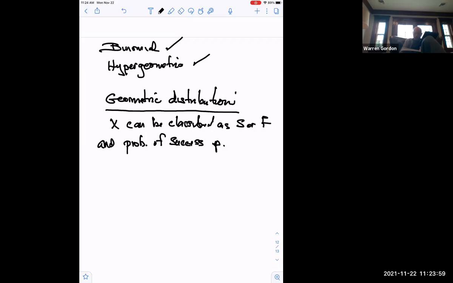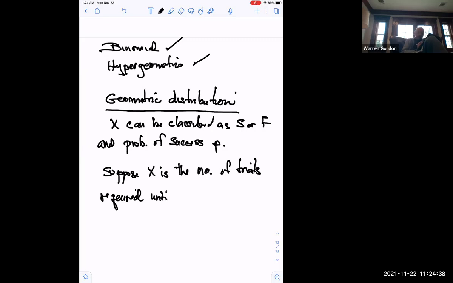And I'm assuming again Q, of course, is always the complement. Suppose further X is the number of trials required until we obtain a success. Our first success.